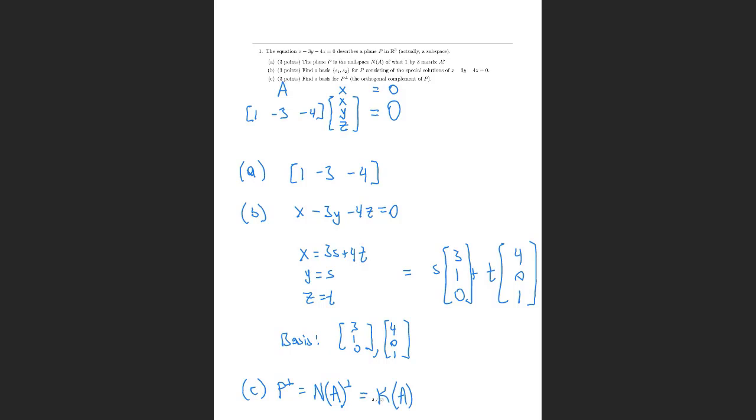So in this case, since A is just one row, that one row vector, which I'll write as a proper vector, like a column, would have been a basis for the row space, and hence a basis for the orthogonal complement of the plane, okay?